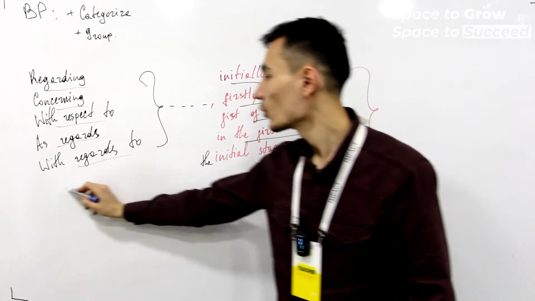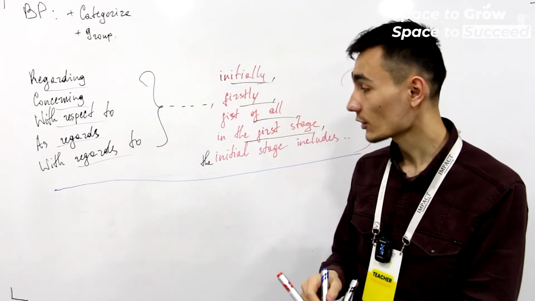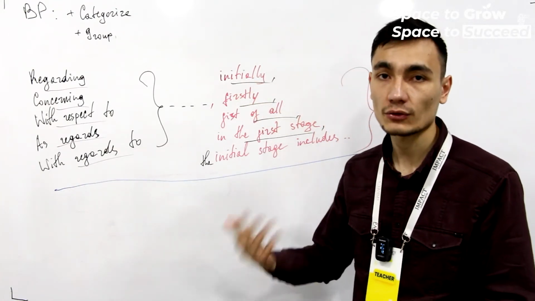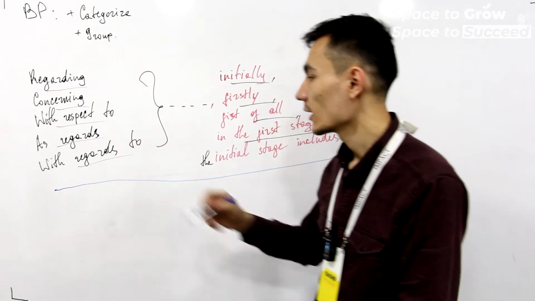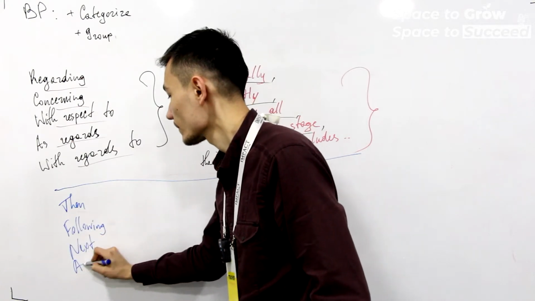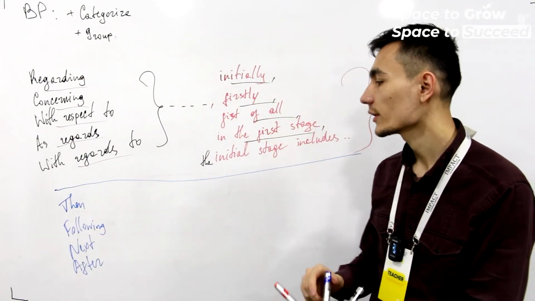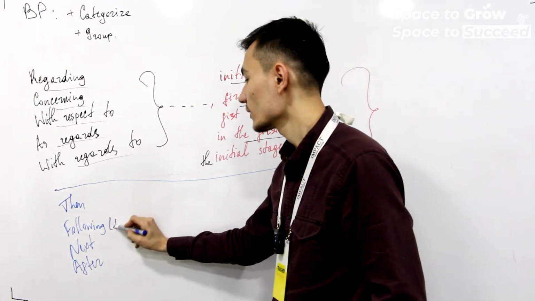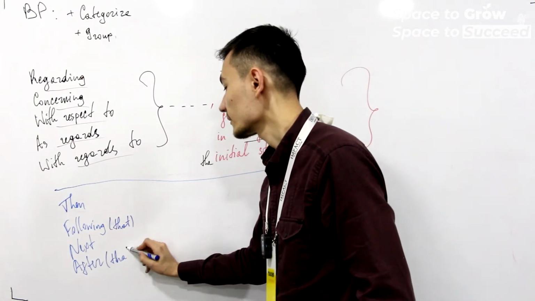After this, we have to come up with structures to continue the second, third, fourth stages of your essay, and they will be in this way. We wrote then, following, next, after. You can use that also, following that and after that.